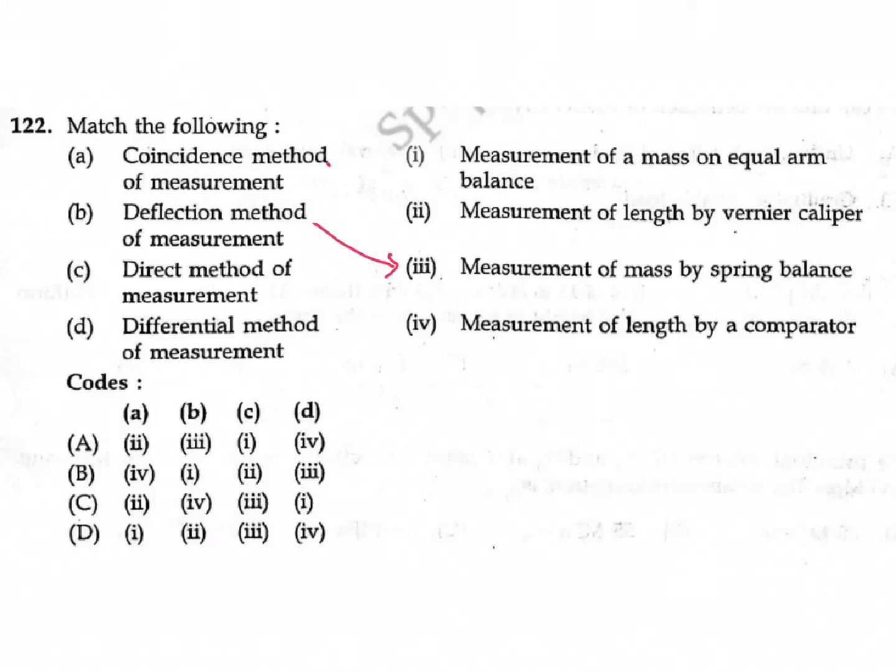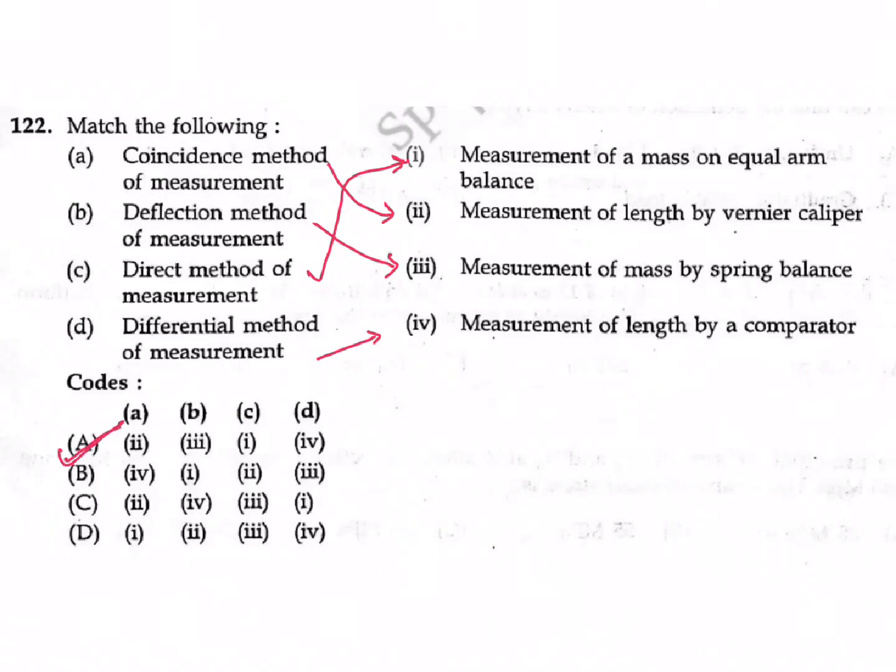Then C, direct method of measurement, is measurement of mass on equal arm balance. Then differential method of measurement, measurement of length by comparator. So option A with double I, B with triple I, C with I, D with IV. A is your correct option.